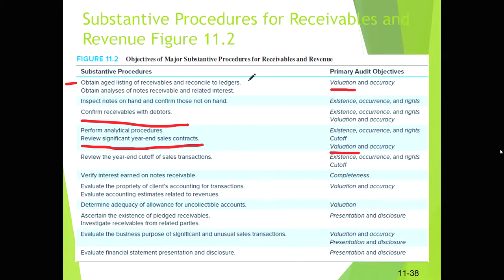So based on when the items were due or when the invoice date was, how long has it been since then in terms of an unpaid balance. And what that does is it gives me a sense as the auditor of how likely it is that some of these receivables will not be paid, right?